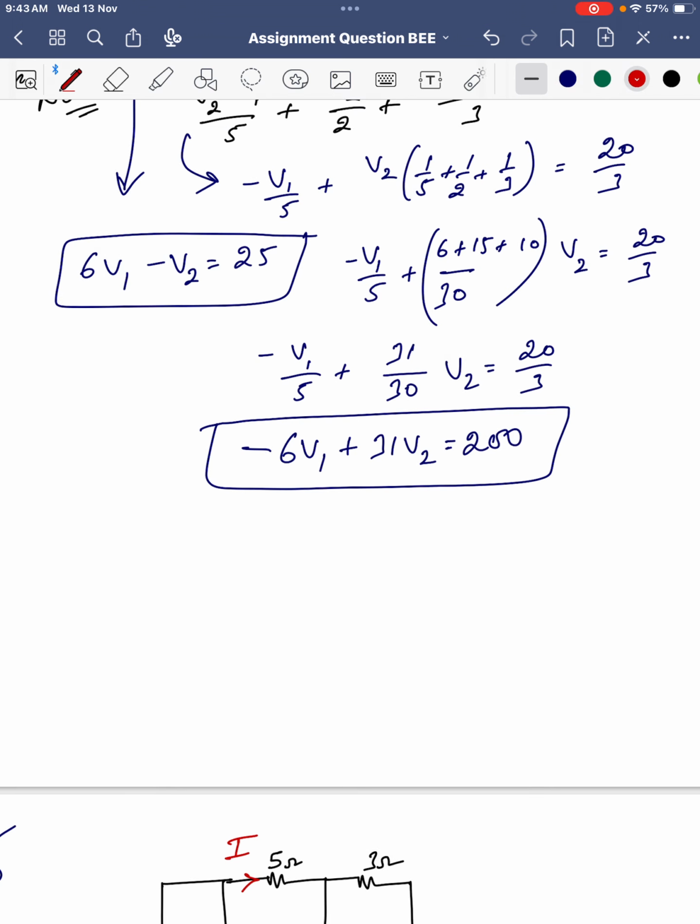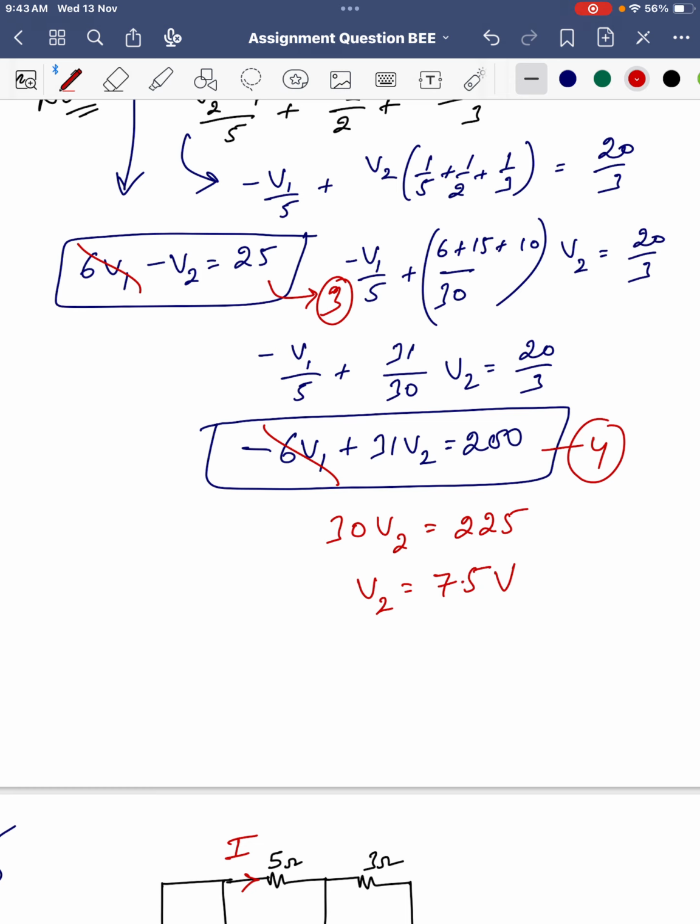So if we just add this to the equation here, let us say this is equation 3 and this is equation 4, this V1 will cancel and what we get is 30 V2 is equal to 225 and V2 is equal to 7.5 volts.